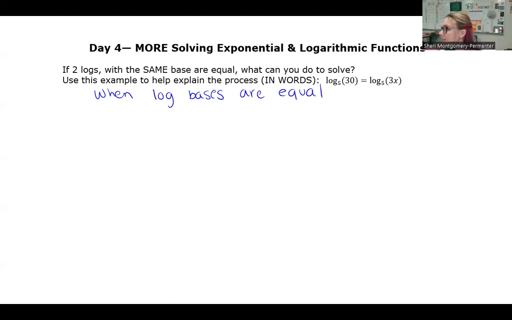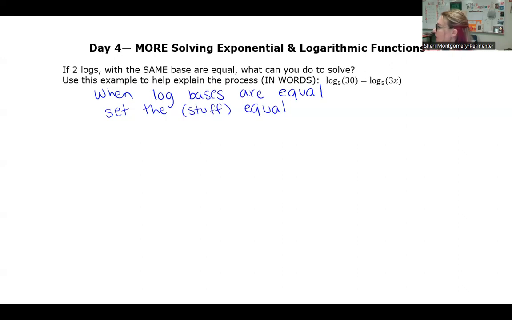Again, you could have written something different and you're meaning the same thing. So please don't erase anything. When the log bases are equal, you can set the stuff. Okay, so the stuff that's in parentheses, those aren't exponents. So don't call them exponents.